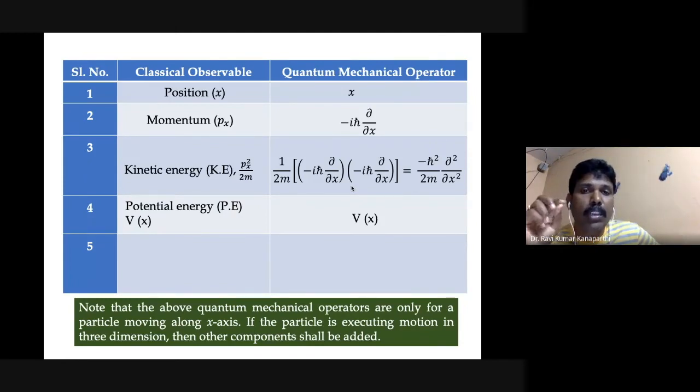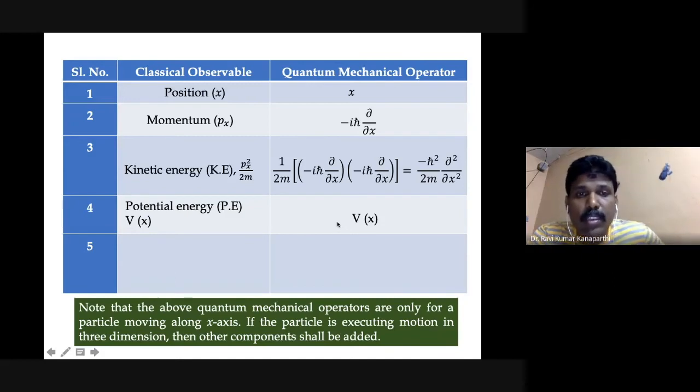Now, to find the quantum mechanical operator, what should we do? Whenever there is an x, replace it with x. Whenever there is a momentum px, replace it with minus i h cross dou by dou x. But here there is only x. Therefore, the quantum mechanical operator of potential energy remains the same. There is no change, right?